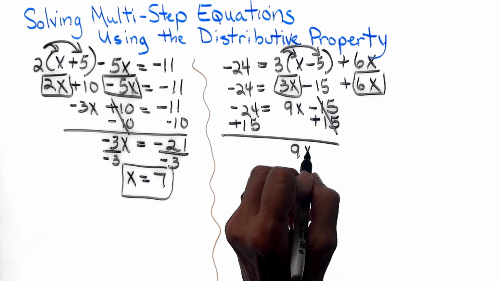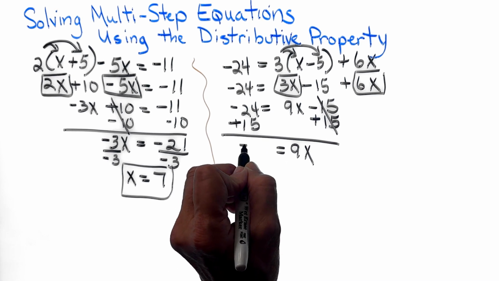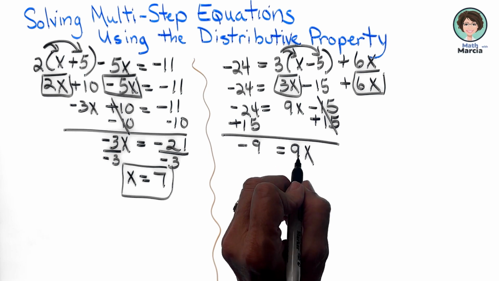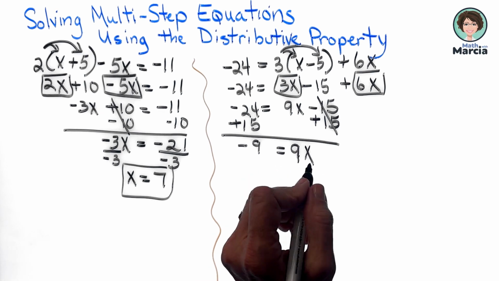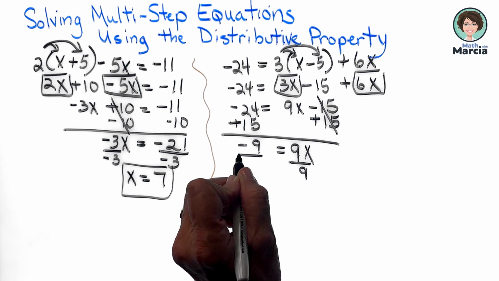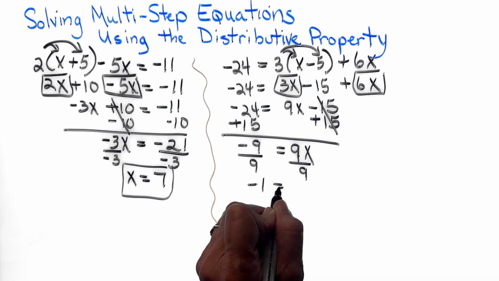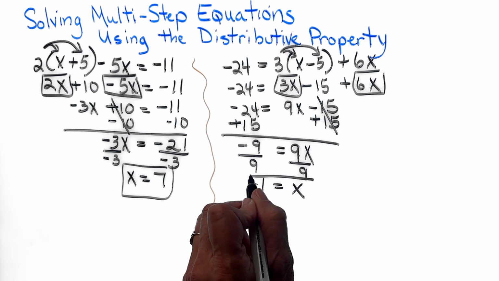So I end up with 9x equals a negative 9. Last step, trying to get that 9x by itself, I'm going to divide by 9. So I end up getting negative 1 is equal to x.